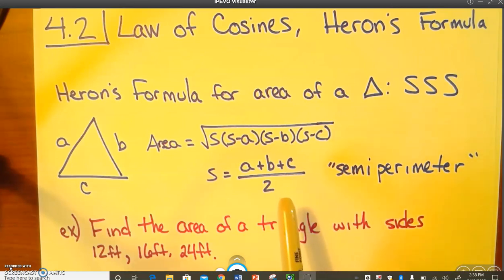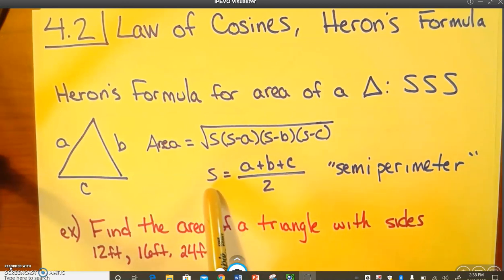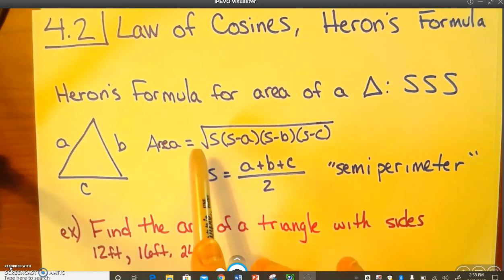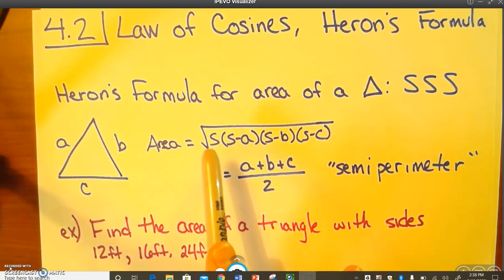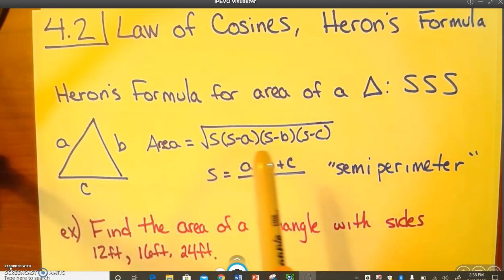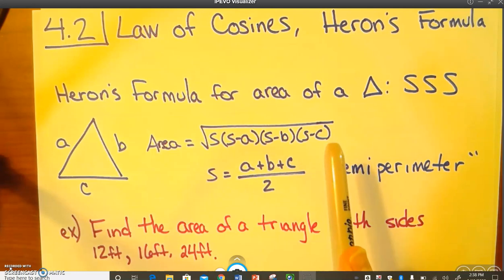It's basically half of the perimeter. Because we would be given all 3 sides, we know what the perimeter is. Half of that is your semi-perimeter. That gives us this value S. So the square root of S times S minus A times S minus B times S minus C would be the area of this triangle here.